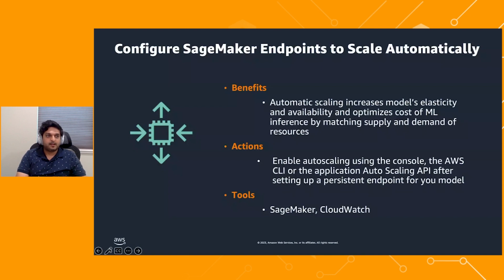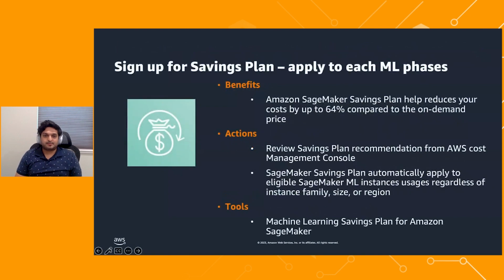Finally, we have the SageMaker Savings Plan. SageMaker Savings Plan is a flexible pricing model for SageMaker, which, in exchange for a commitment to a consistent usage amount measured in dollars per hour for a 1 or 3 year term, provides the most flexible way to help you reduce cost by almost 64%.